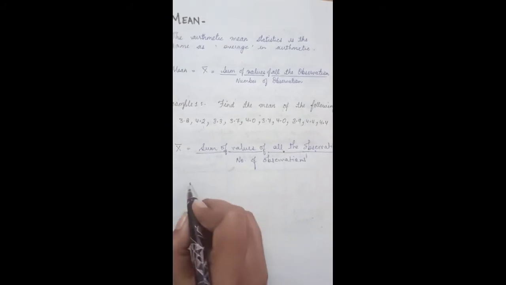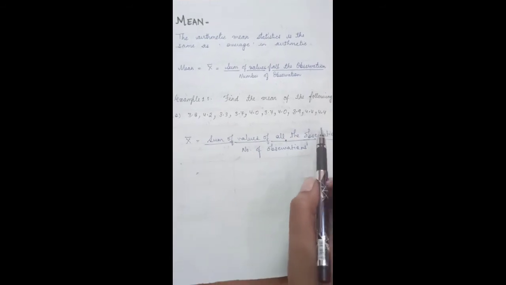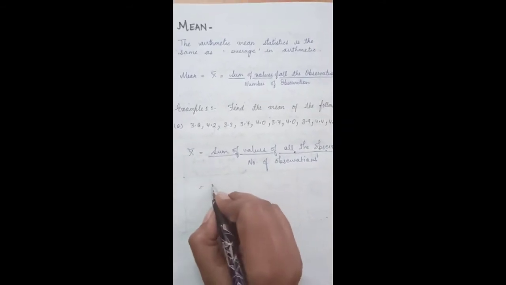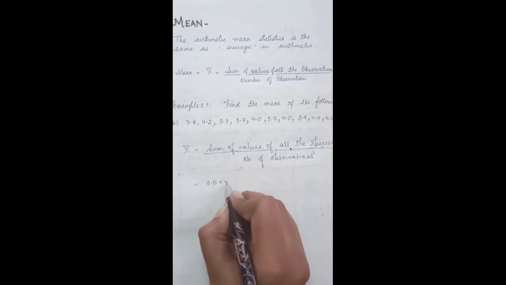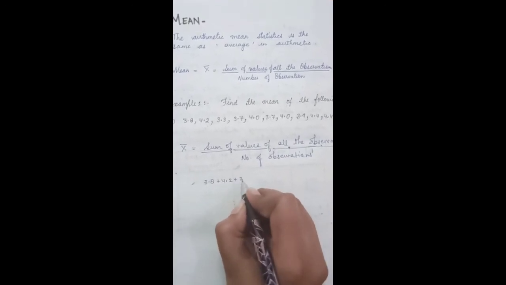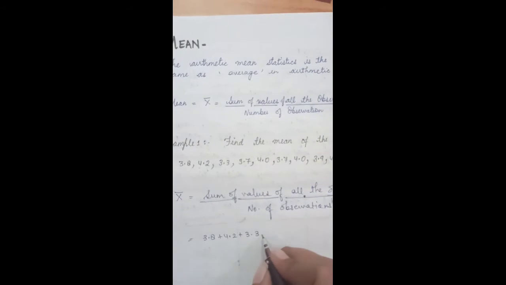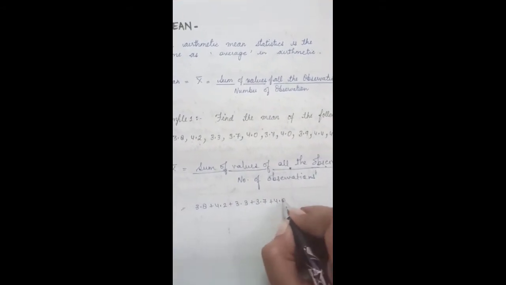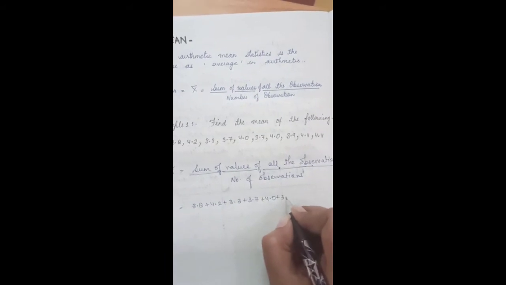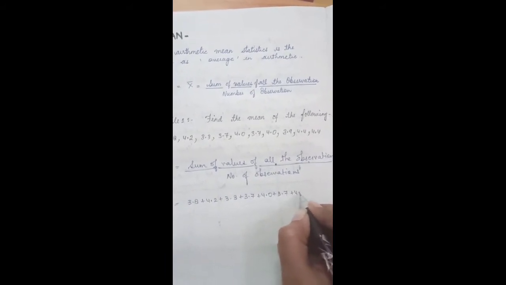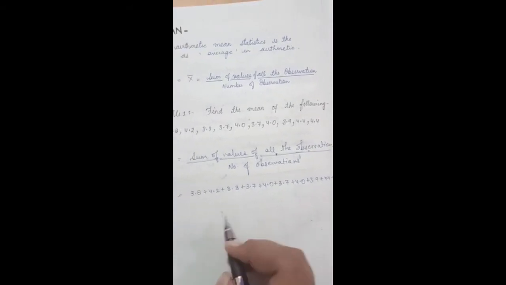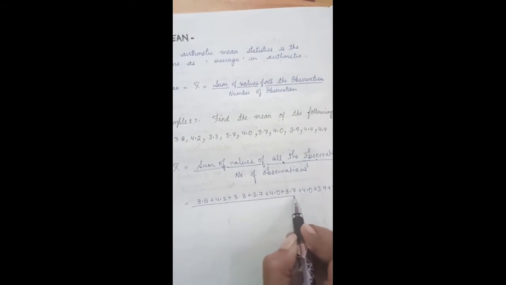Now, sum of values of all the observations means we add these numbers. 3.8 plus 4.2 plus 3.3 plus 3.7 plus 4.0 plus 3.7 plus 4.0 plus 3.9 plus 4.4 and plus 4.4. Divided by number of observations.